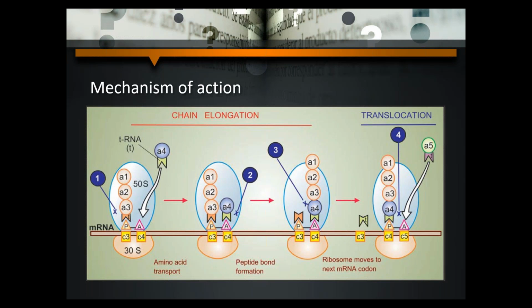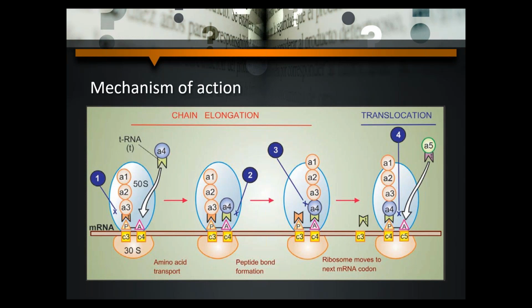Here there is an acceptor site, denoted in the pink one with the letter A. Normally, the amino acid chain moves from the P site to the A site and then a new amino acid attaches there. After that, it goes back to the P site. The tetracyclines inhibit the chain elongation in this third step.